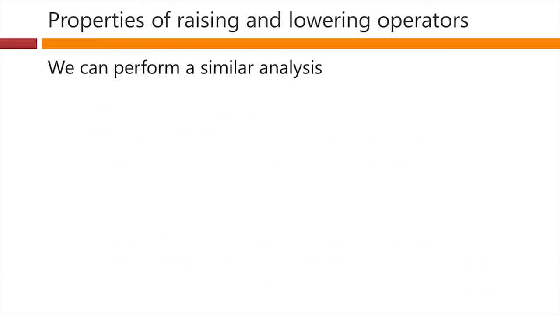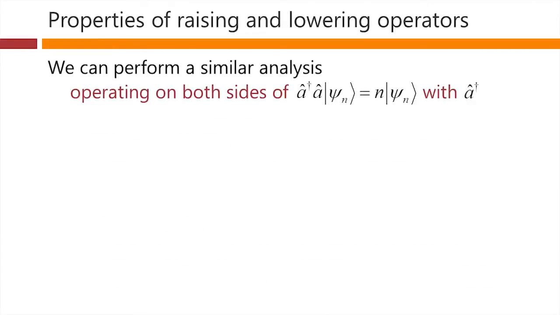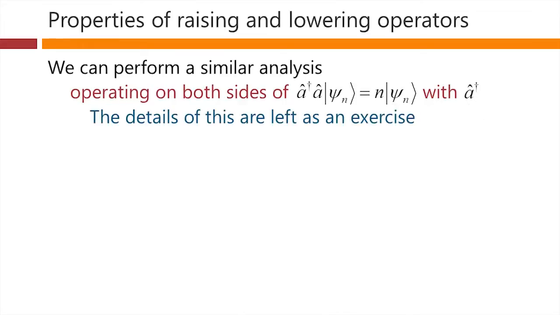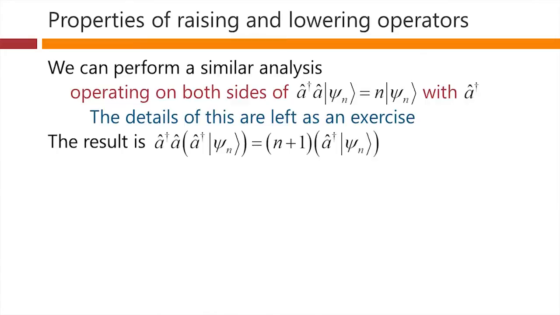We can perform a similar analysis operating on both sides of the same expression with A dagger, and the details of this are left as an exercise. The net result is that we would get A dagger A operating on A dagger times psi n is equal to n plus 1 times A dagger psi n.